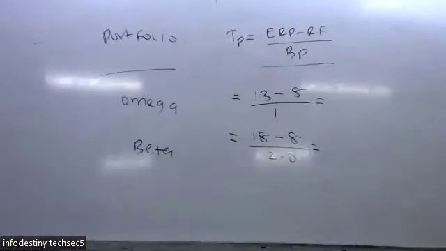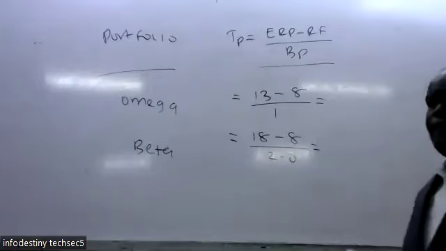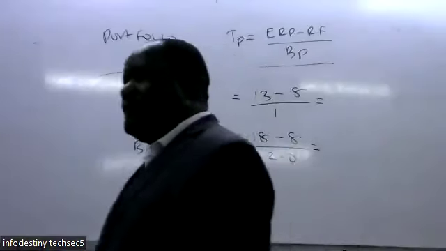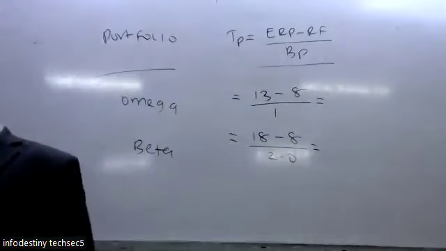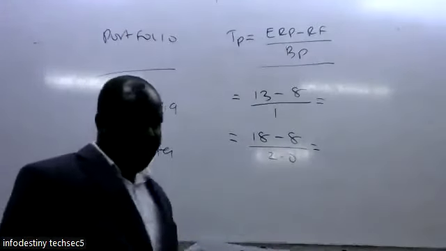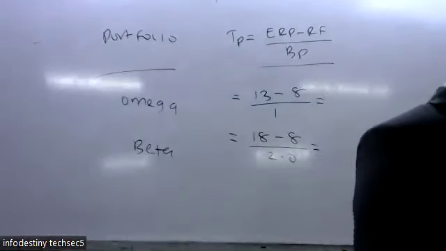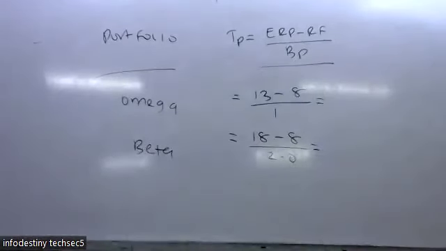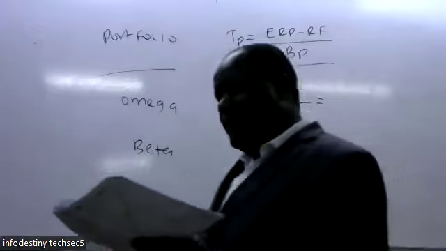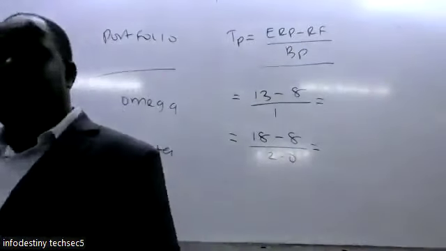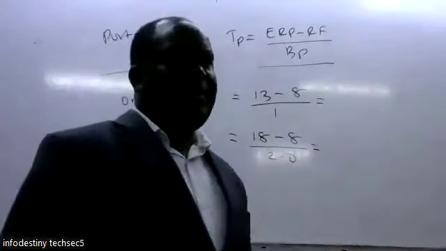So we are now on Roman letter 2, the Treynor performance measure.